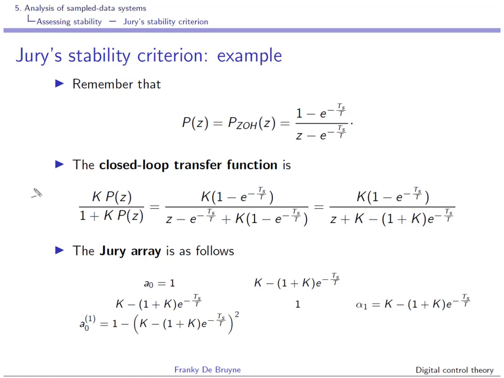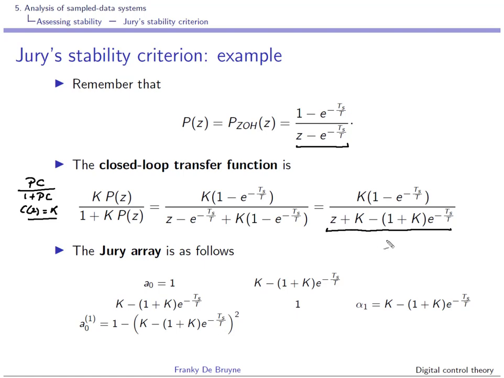The closed loop transfer function is PC over 1 plus PC, and in this case C of z is simply a proportional controller. So with the zero order hold discrete time equivalent, and with this proportional controller in the loop, this closed loop transfer function can be computed and rewritten as follows.